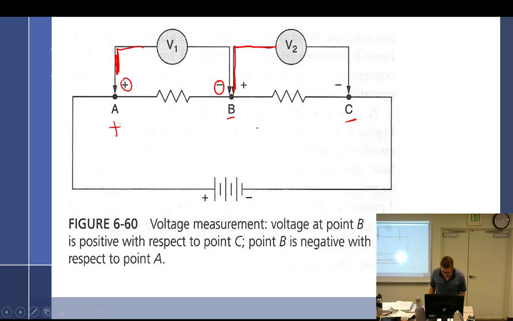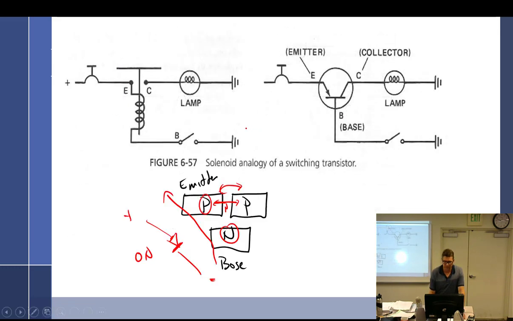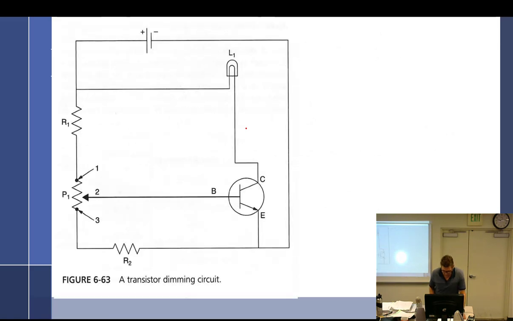All right, so what do we do with all of this stuff? Let's go to, we did that. Is that the one I want? Yeah. All right, so transistor dimming control circuit. So this is a typical light control circuit with a dimmer. I can make the notes here, if that's helpful.